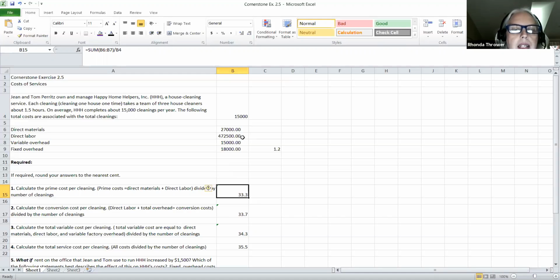So my direct labor amount of $472,500 plus my variable overhead and my fixed overhead, all of those combined would be the total conversion cost. Once you have the total conversion cost, you're going to divide by the number of cleanings, and that will give you the conversion cost per unit.